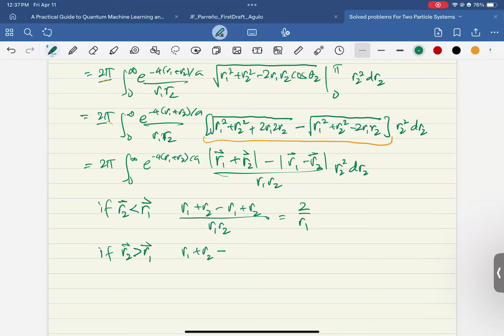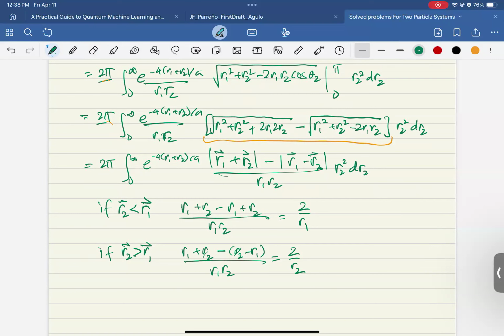So pagbabalik rin natin para positive yung lalabas. So, ang sinasabi ko is R2 minus R1 over R1, R2. So in this case, ang magka-cancel is yung R1. We have 2 over R2.